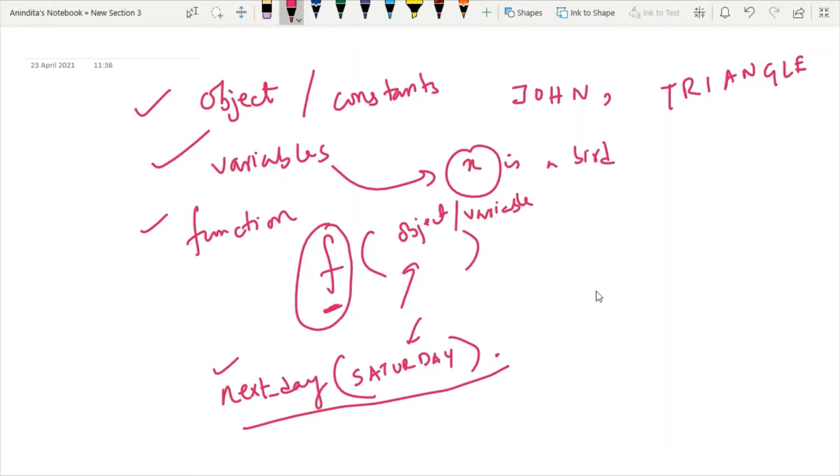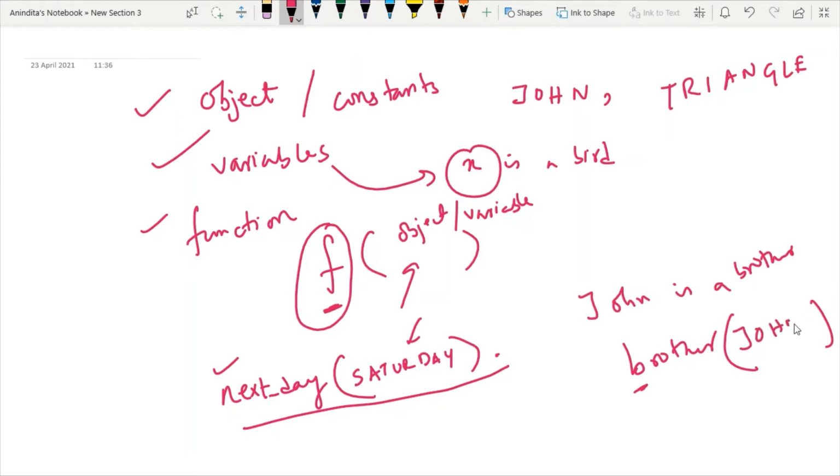Or if the statement is given as John is a brother, I can write brother. It is a function name, starts with lowercase, and I'm writing a constant here. John is the constant or the object which I am passing as an argument inside a function. So this is function representation. Now, these three components all together are known as terms.